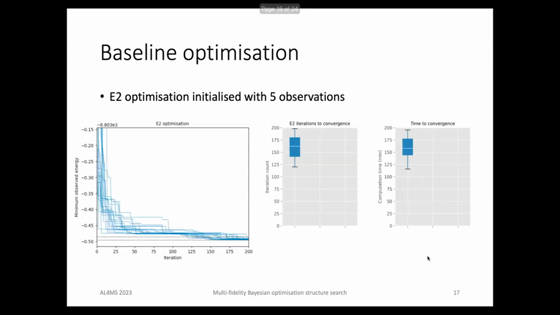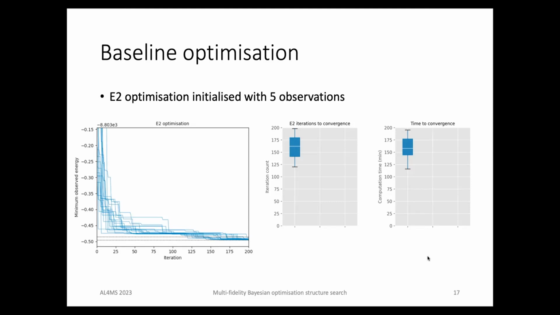But we start with baseline optimization. So here we did all evaluations with the E2 energy calculation. And we initialized optimization with 5 random observations, and we ran 20 repeats. And if we look at this best observed energy value with respect to iteration, we can see that there's variation between the optimization runs, but also all of them converge to the same energy level.